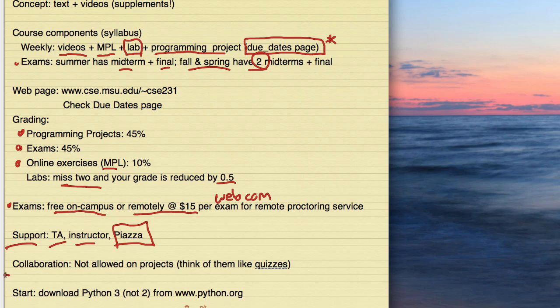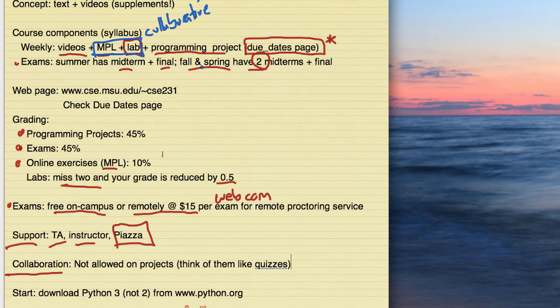An important thing is collaboration, and this is important. The My Programming Lab exercises and the lab exercises could be done collaboratively. In fact, we encourage you to do them collaboratively.